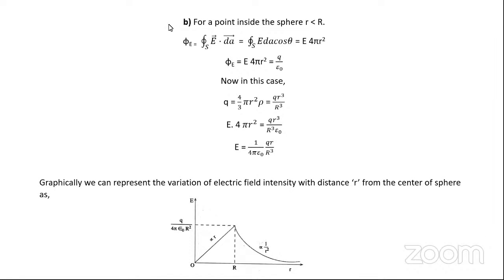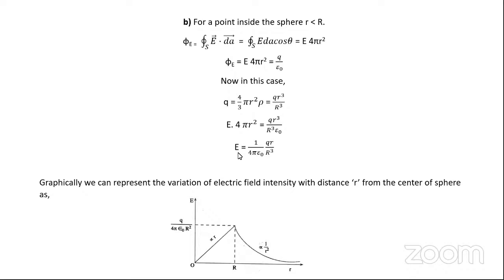Therefore, we should take Q enclosed is equal to Q r cube divided by capital R cube. Therefore, E times 4 pi r square is equal to Q r cube divided by R cube epsilon 0. So in this case, E is equal to 1 upon 4 pi epsilon 0 Q r divided by R cube.